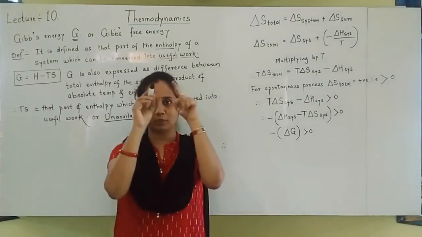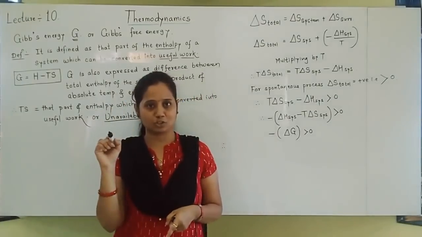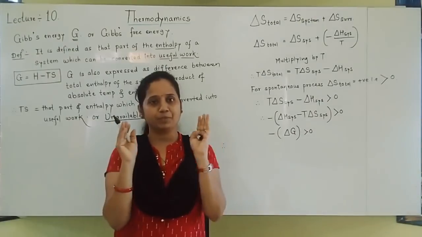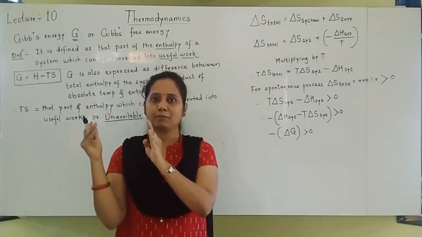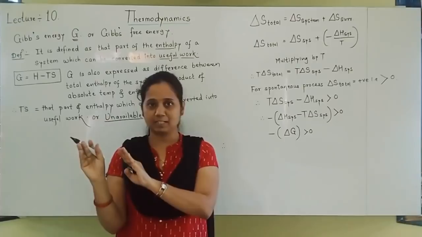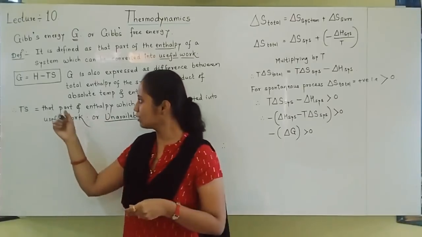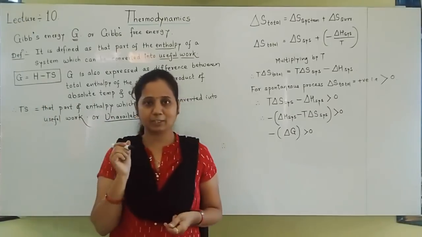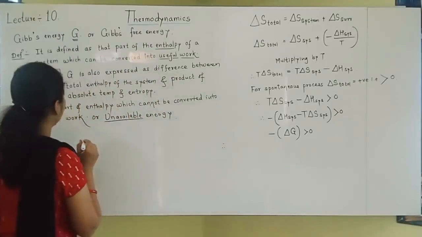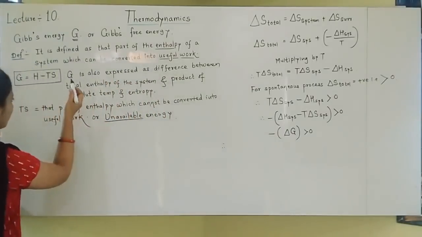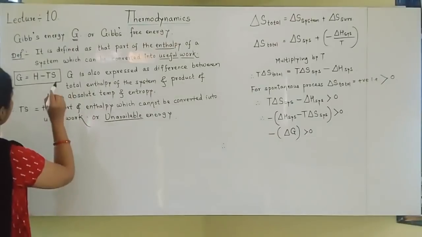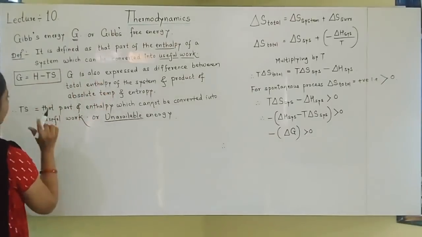So you understood that the total enthalpy of the system is H. Some part can be used for performing useful work, that is called Gibbs energy, and the part which cannot be used is called TS, the product of absolute temperature and entropy. Okay, so you understood everything about Gibbs energy, its formula and definition.